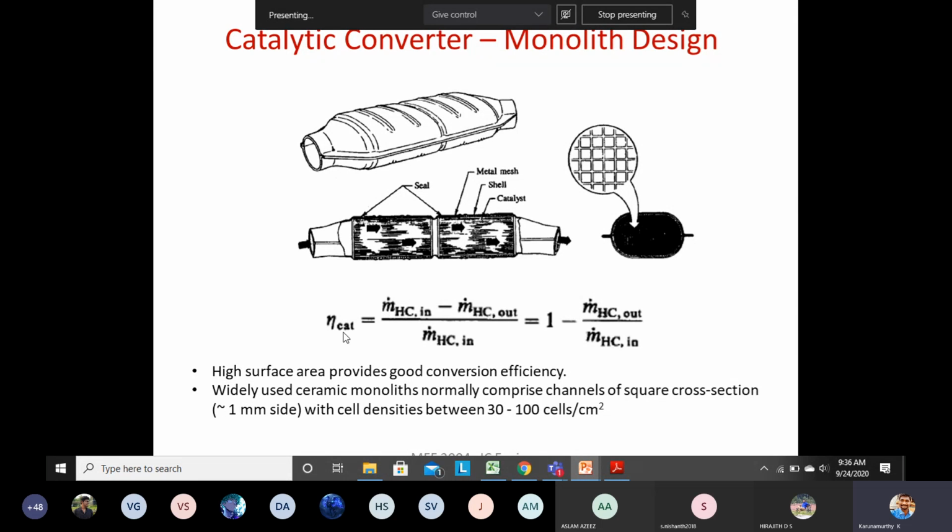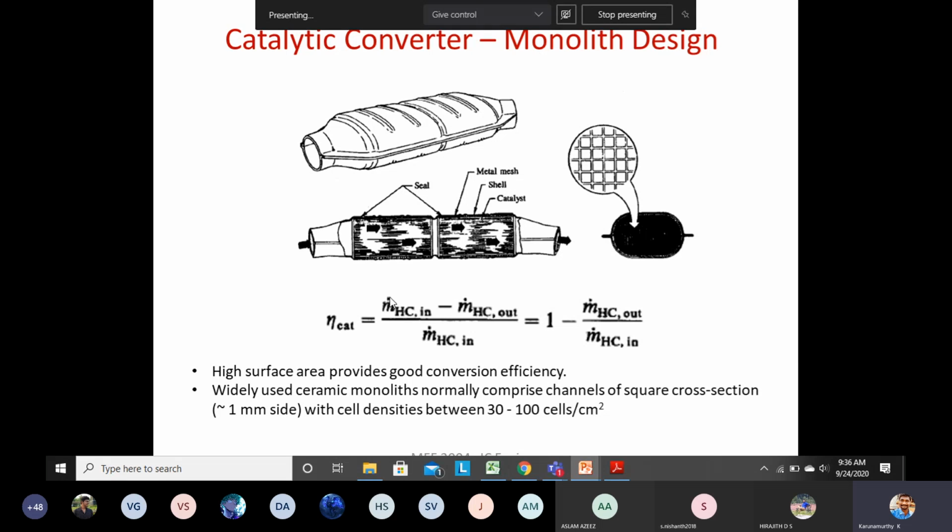Okay, and to calculate the conversion efficiency, let us say, for example, I want to consider the unburned hydrocarbon that is coming out from the engine, and after the catalytic converter, how much hydrocarbon is going to be available. This is the inlet to the catalytic converter, and this is the outlet from the catalytic converter. So take the case of the unburned hydrocarbon emission present in the engine exhaust.